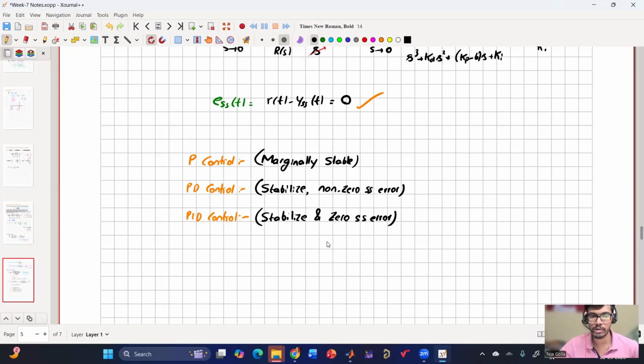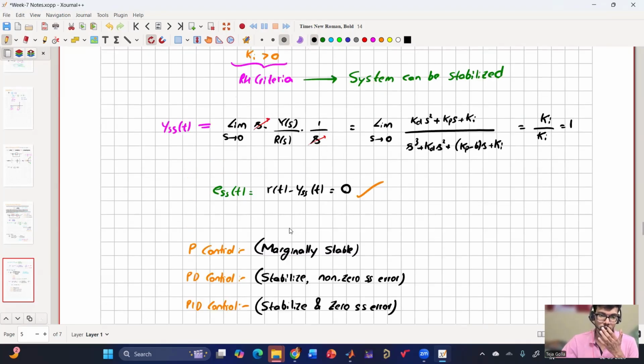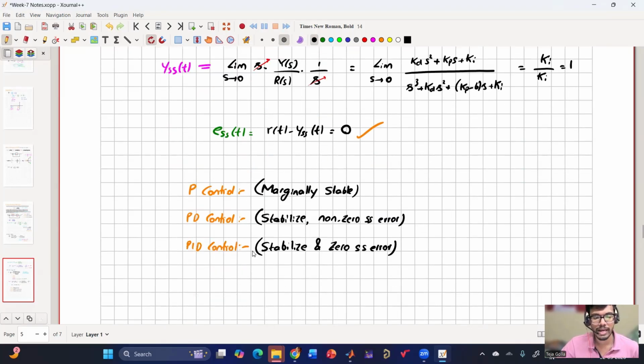So given the requirement, we might have to choose a control. Now, if you ask me whether PID control can achieve zero steady state error for ramp response, we have to see. If it is not sufficient, then we have to increase the order of the controller to achieve zero steady state error for ramp response. So depending upon our requirement, this can vary.